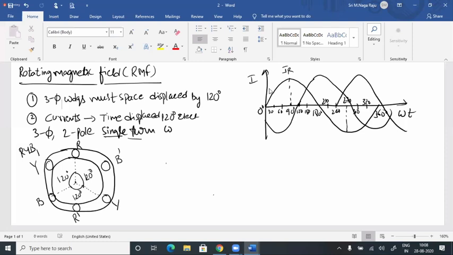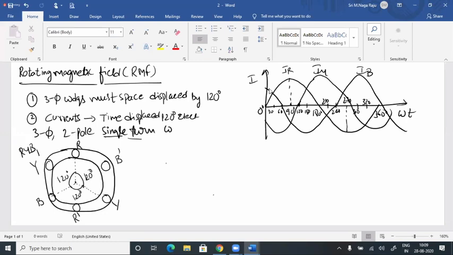This is three phase currents, okay? This is IY, this is IB. When you're explaining this concept, you have to draw clearly these two diagrams, this winding diagram and this currents diagram with angles, okay?